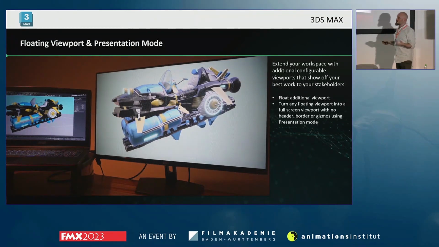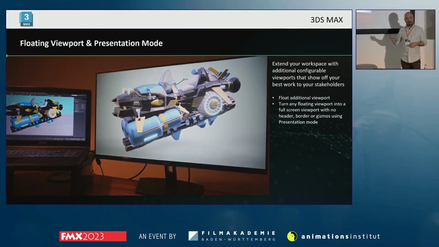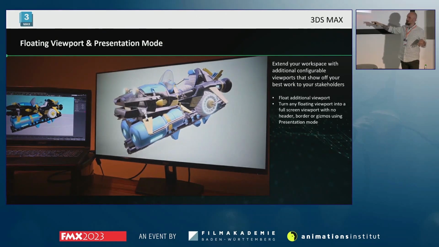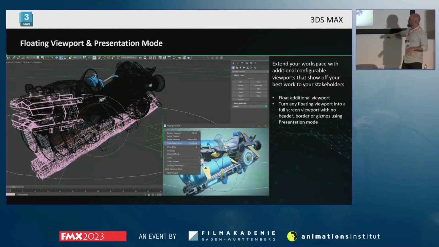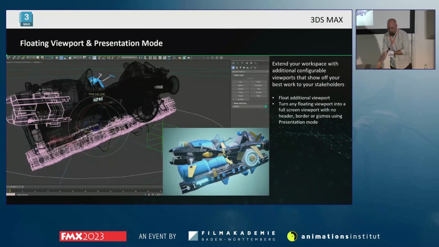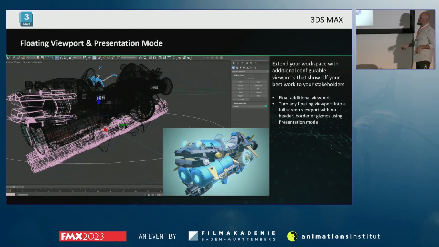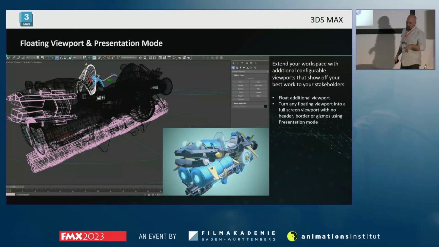It can be used to work directly from that, or if you're working with a customer or an art director, this is a nice way of doing your zooms without the user interface of 3ds Max, and you can really get down into the details and have a nice what-you-see-is-what-you-get PBR workflow in the viewport, and still be able to work inside of 3ds Max in parallel. So that's something that we've been adding.